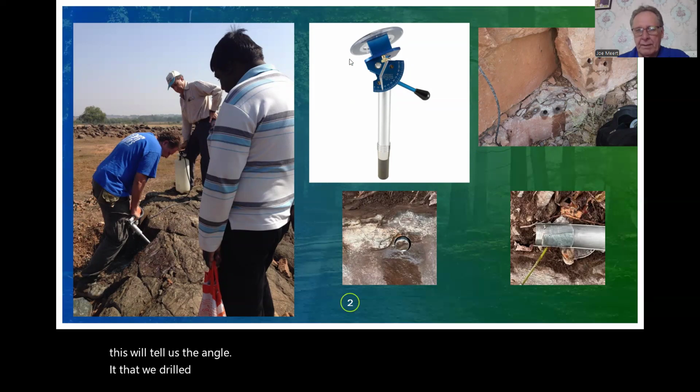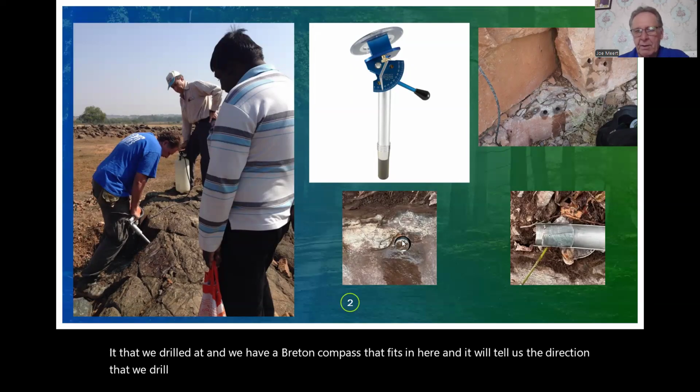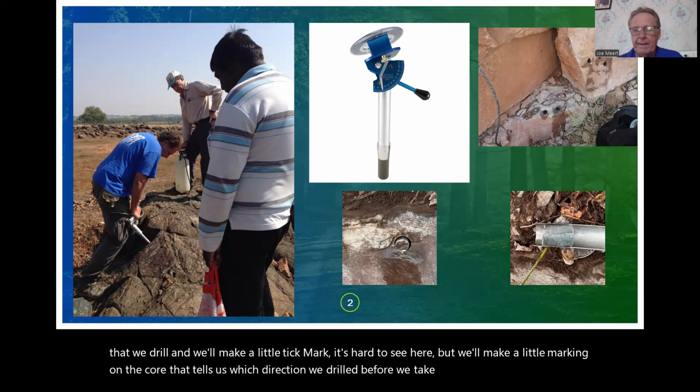And we have a Brunton compass that fits in here, and it will tell us the direction that we drilled. We'll make a little tick mark on the core that tells us which direction we drilled before we take it out.